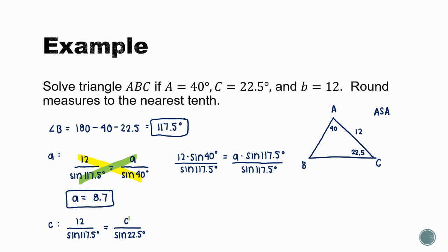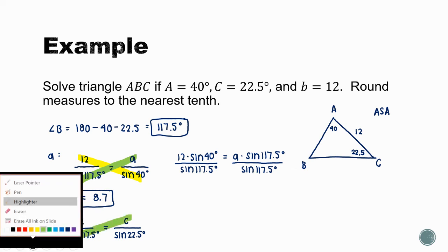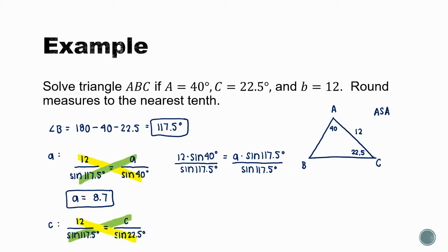So cross multiplying. Notice how we want to multiply 12 times the sine of 22.5 degrees equaling C times the sine of 117.5 degrees. So we'll divide by the sine of 117.5 degrees. And then we will have C by itself.